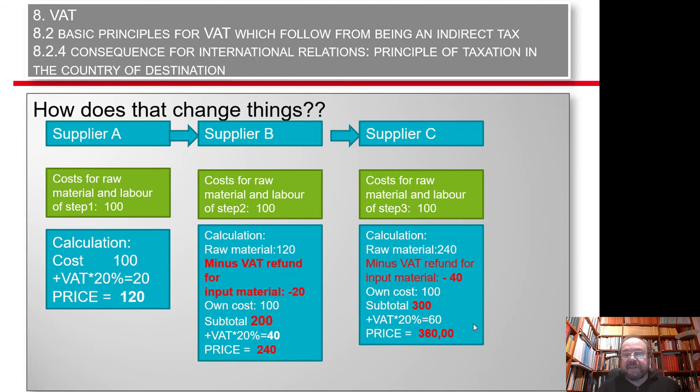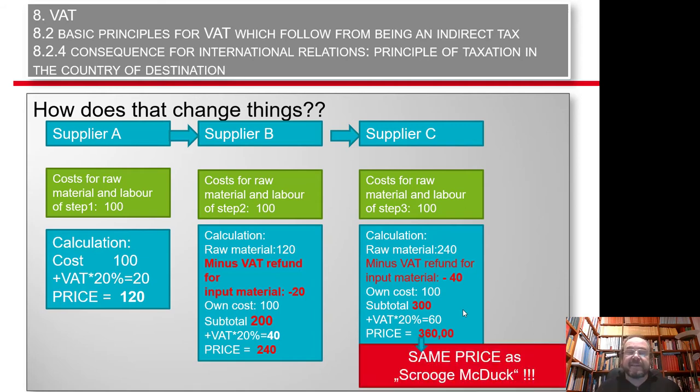I add the VAT of 20% on top. We end up with 360. And this is now exactly the price which Scrooge McDuck would have claimed. And so you see here how the cost effect of the VAT is always eliminated from the calculation via the refund mechanism. That's called input tax deduction.